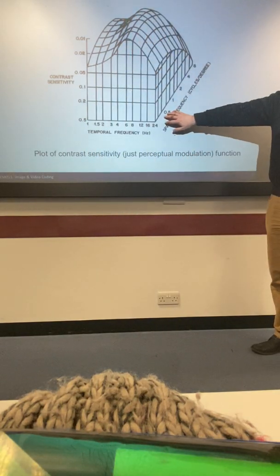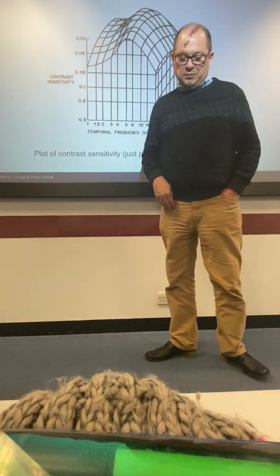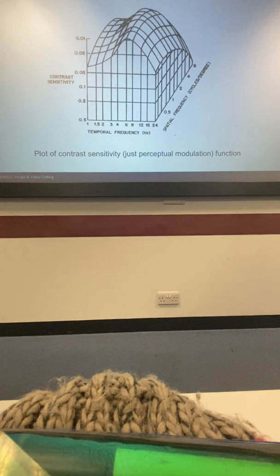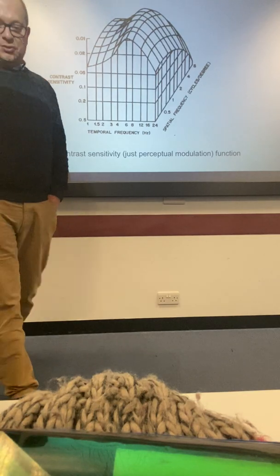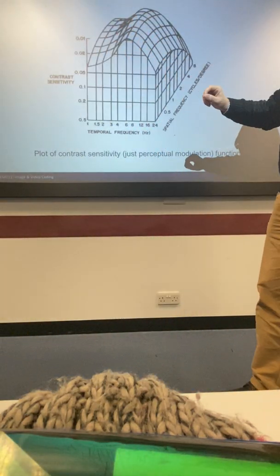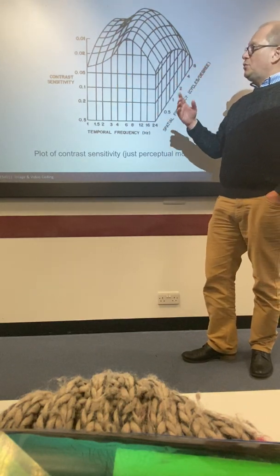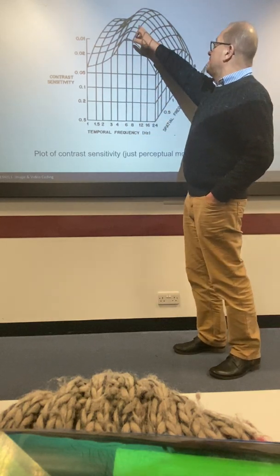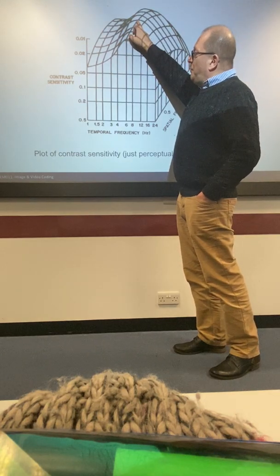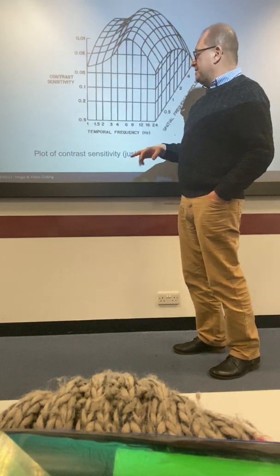As you can see, this is the contrast sensitivity. What it means is the change that you have, related to the maximum value of the signal, that is necessary for us to see it at all. So what that means is that there are some temporal and spatial frequencies that we are more sensitive to, and there are some of them that we are less sensitive to.